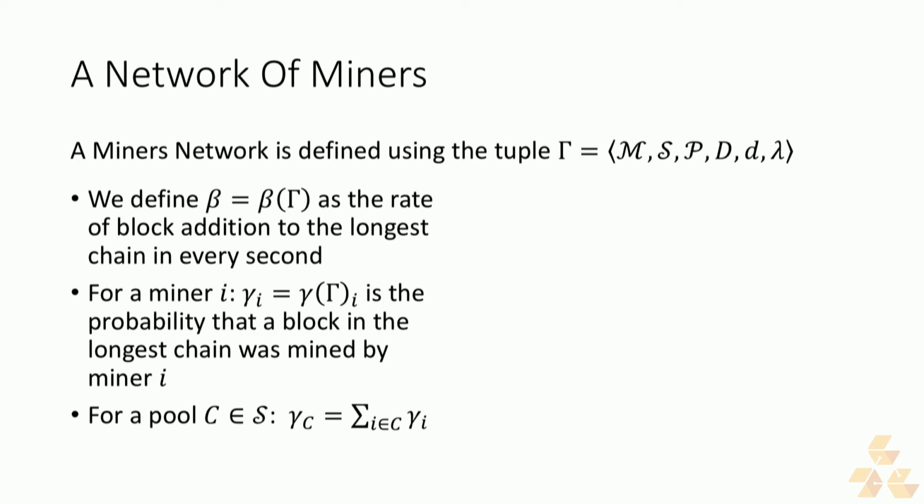Since miners are more interested in their money, we say that gamma i, the gamma value of miner i, is the probability that a block in the longest chain was mined by miner i, not to be confused with the probability that a block was mined by miner i. We are only interested in blocks that are part of the longest chain because this is what people will get money from. And the last thing is that the gamma value of a pool is just the probability that a block in the longest chain was mined by some of the members of that pool.